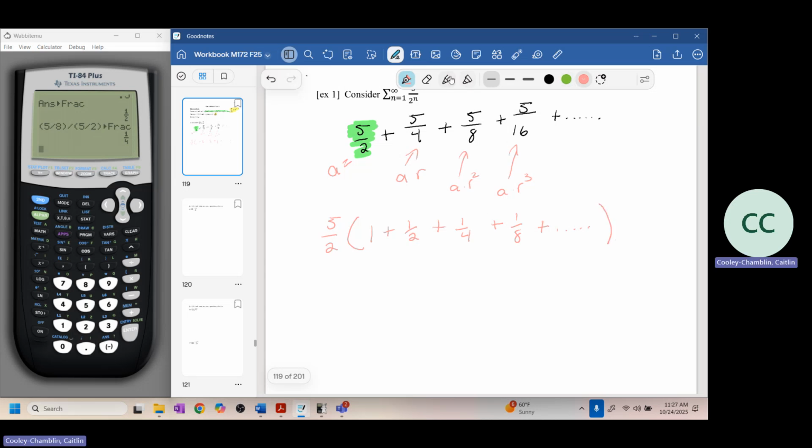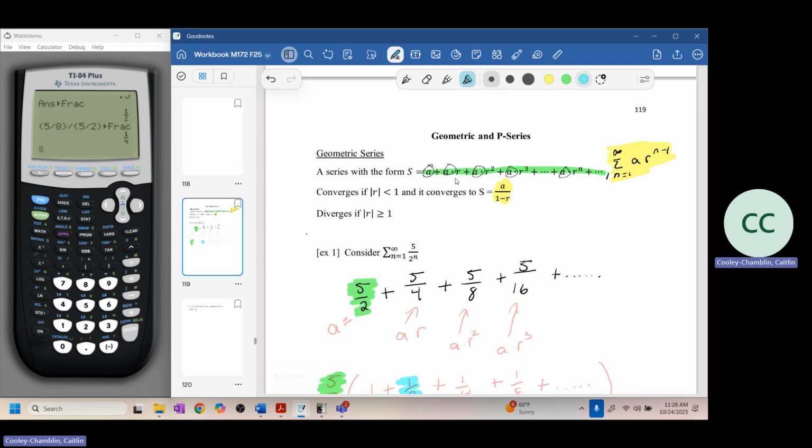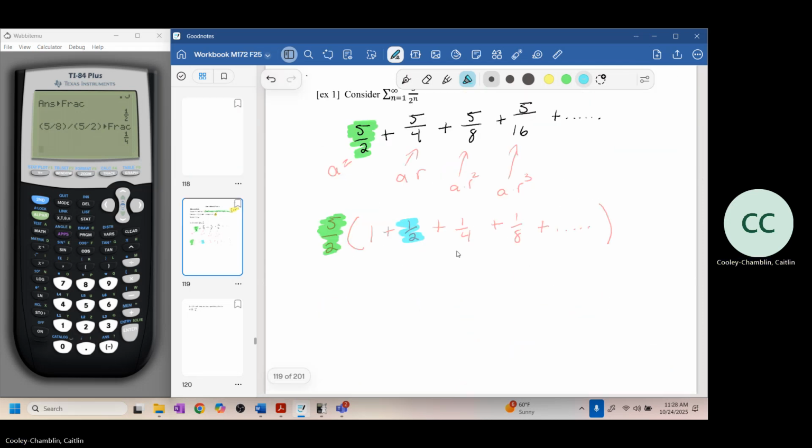Okay, so now I have my A, and I have my R, because the second term would be A times R. All right. So A is 5/2. R is 1/2.